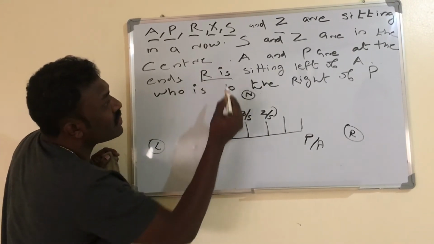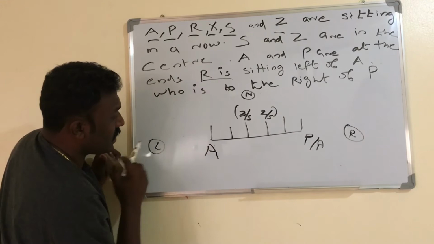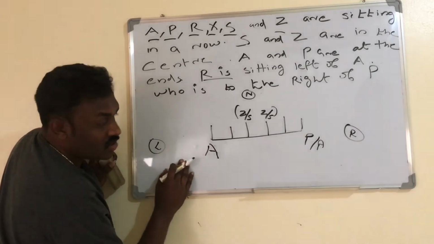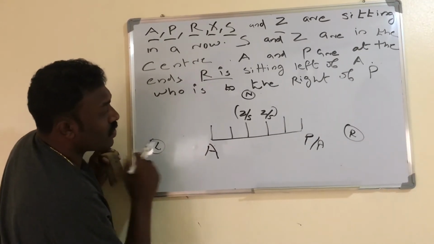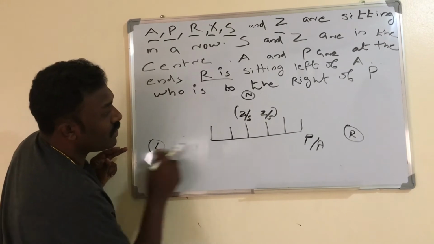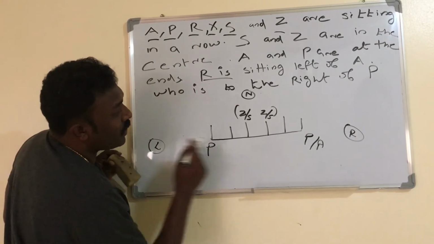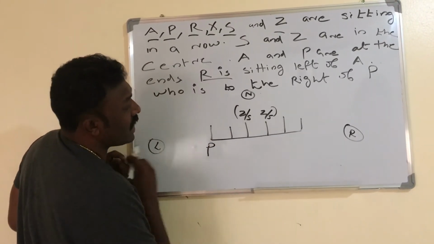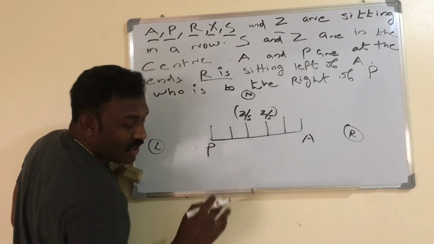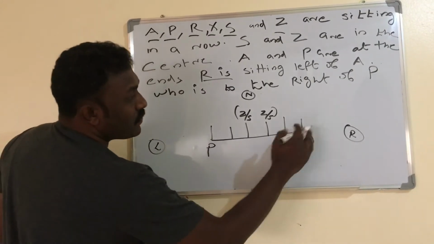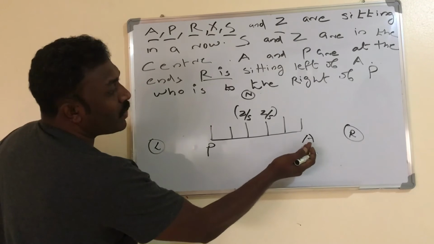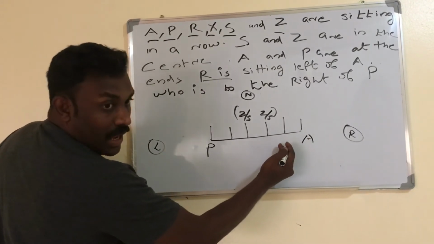As per this, R should come on the left side, and here nothing is there. So I can find that this should be R and this should be A. Now I got that A should be on the right side, then only I can place somebody on the left side.